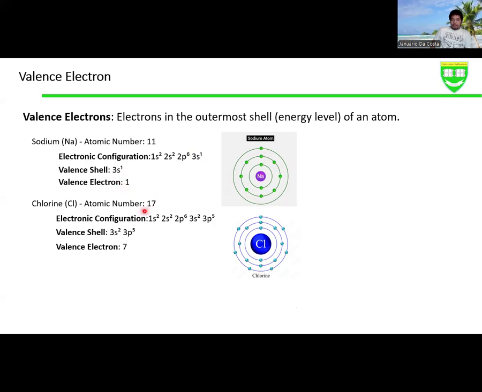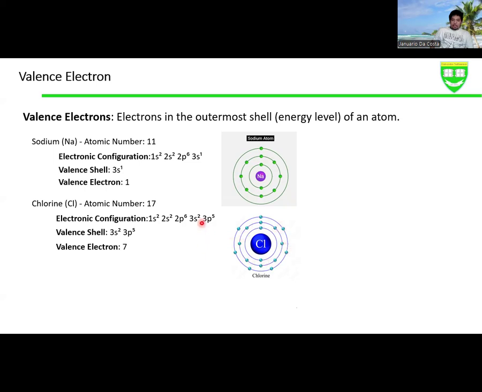Okay, the same thing with the chlorine atom. Chlorine has an atomic number of 17, right? So the electronic configuration is 1s2, which is this circle over here. And then the second shell is 8 electrons, 2s2 and 2p6, which is this one, right?